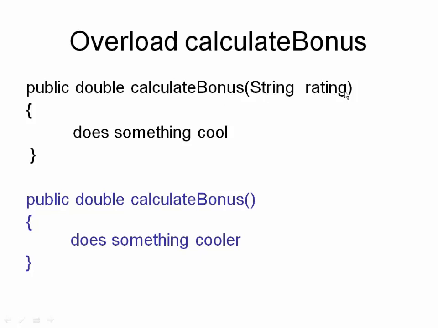This one requires one parameter that's a string to be passed into it, and this requires that no parameters be passed in. That way Java can tell which method an object is invoking by the parameter list it passes.